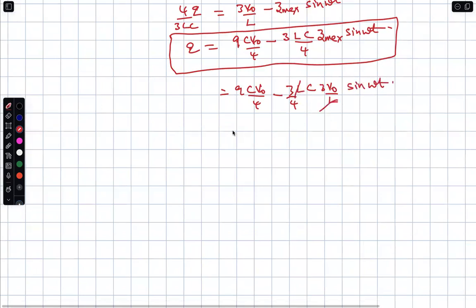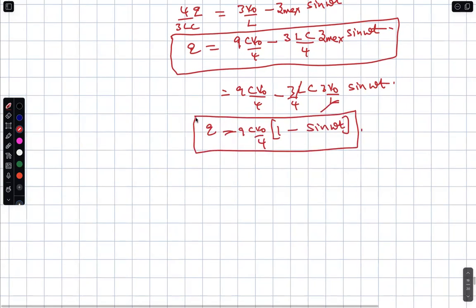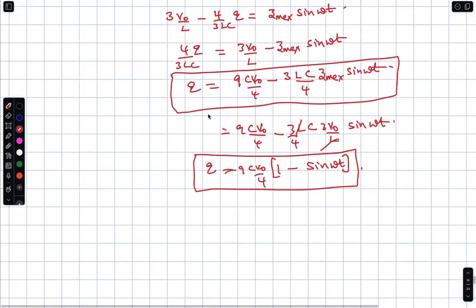L, L cancel. So 9CV naught by 4 into (1 minus sin omega t). This is the Q value. In fact, this is the charge transferred.